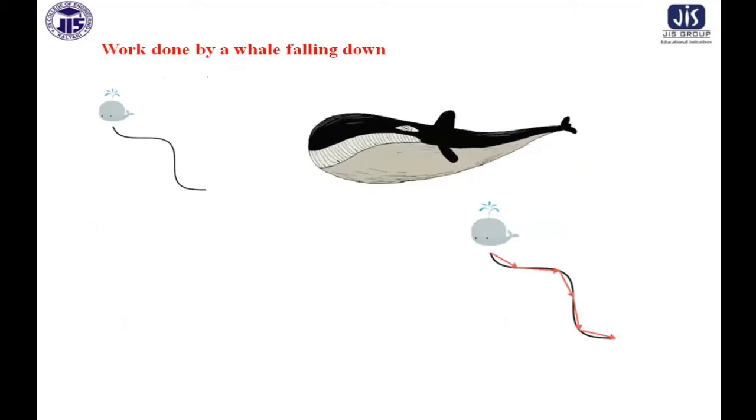Now this is how you see the whale will fall down. It is another beautiful example. Let me again show you how the whale will fall down. It is another problem of line integral. It's a beautiful problem. If you look here, there are some elementary lengths.